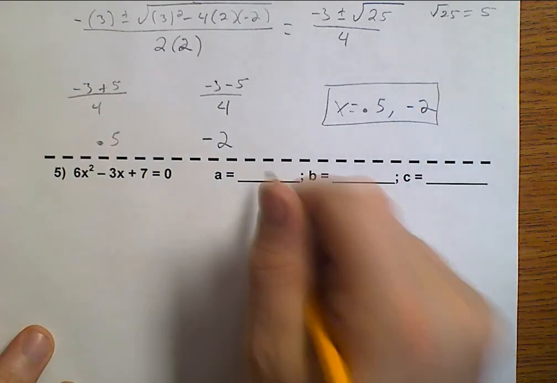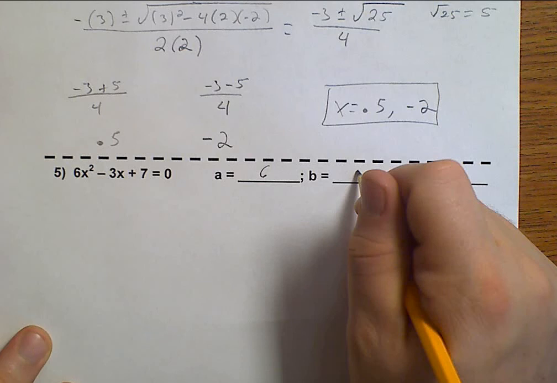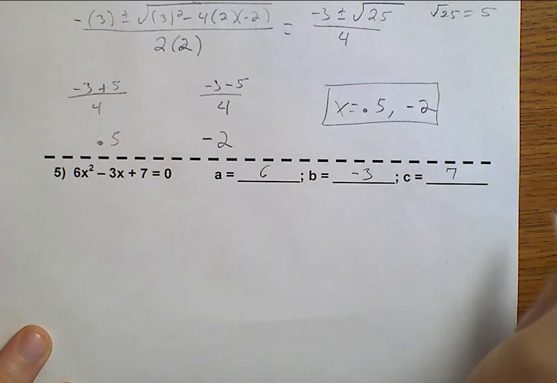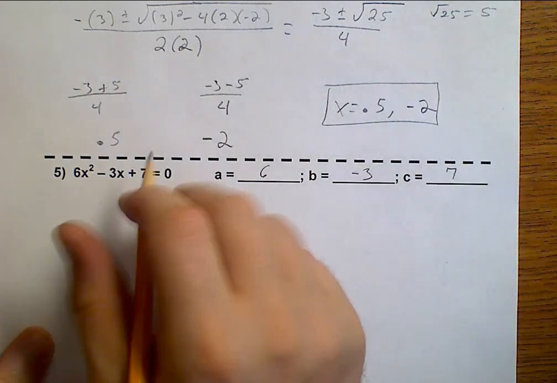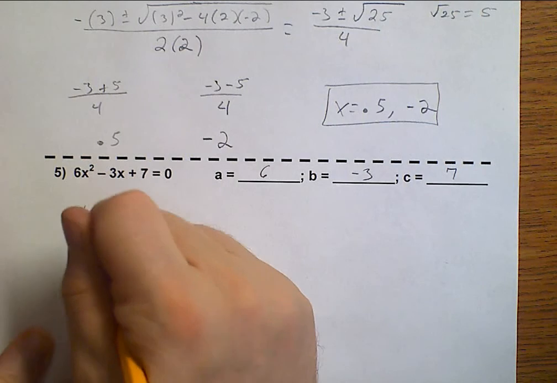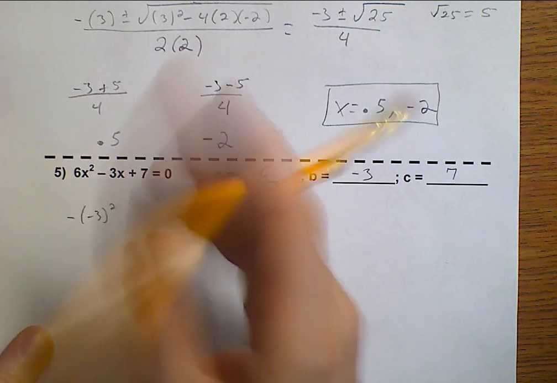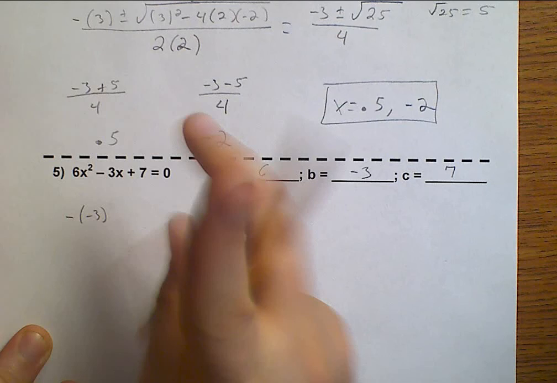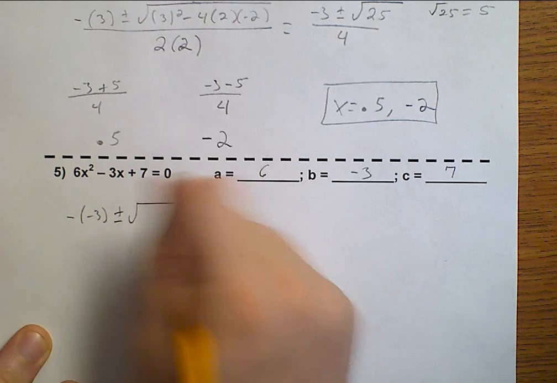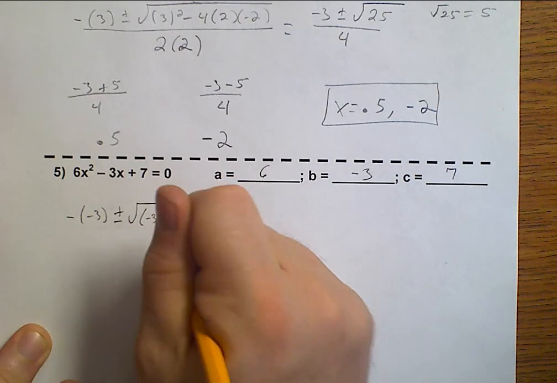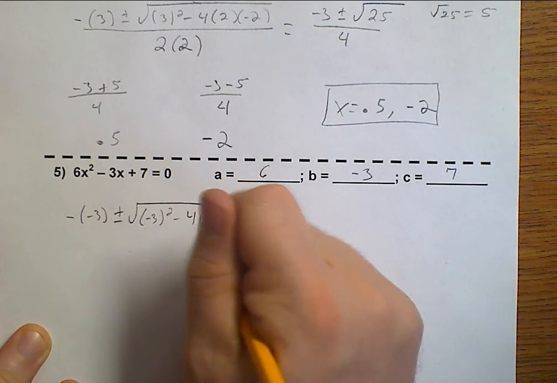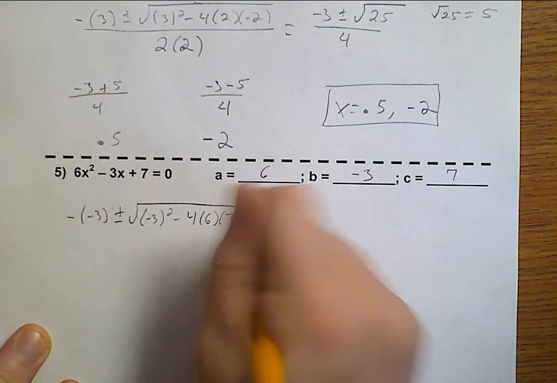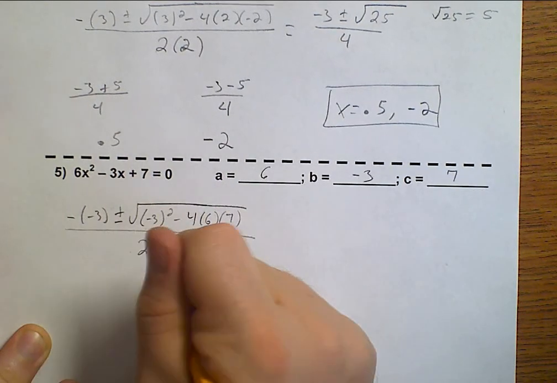Here we have a is 6, b is negative 3, and c is 7. And so we have negative 3 plus or minus the square root of negative 3 squared minus 4 times 6 times 7 all over 2 times 6.